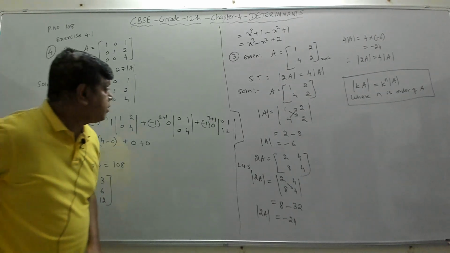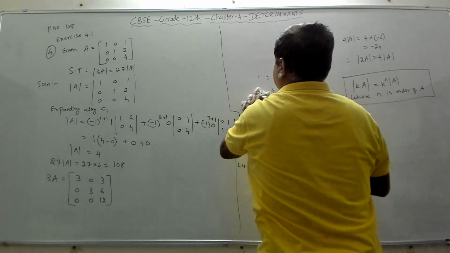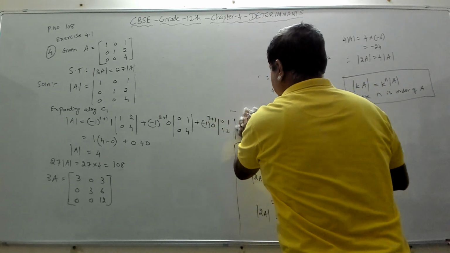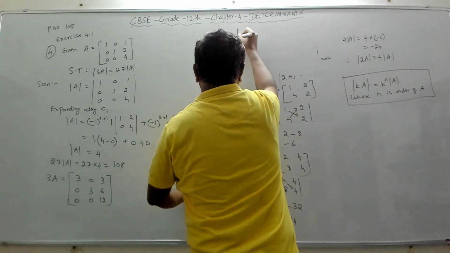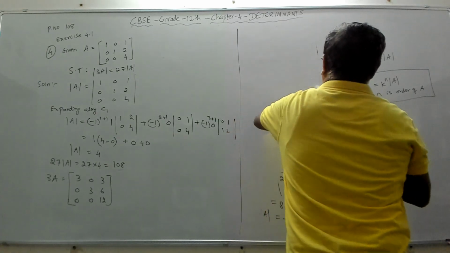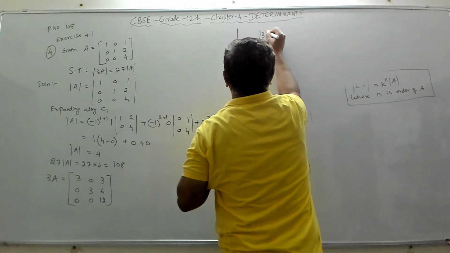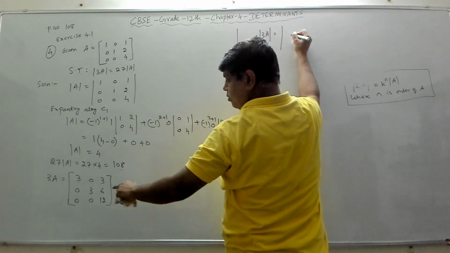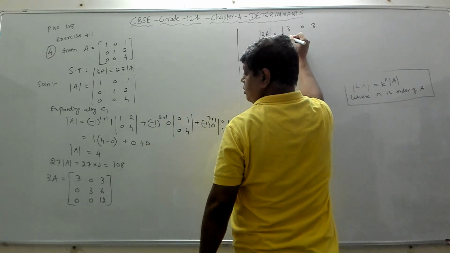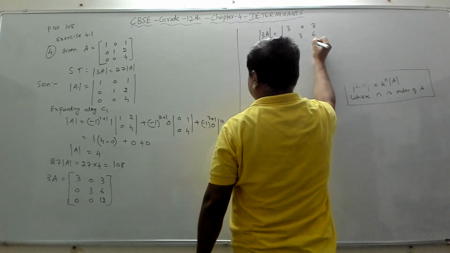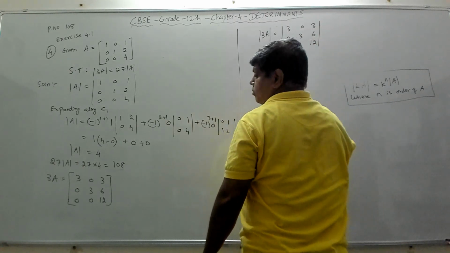So determinant of 3A is equal to the determinant of this matrix: 3, 0, 3, 0, 3, 6, 0, 0, 12.